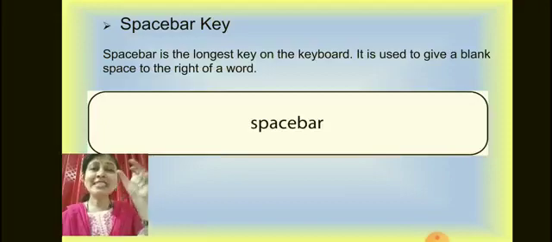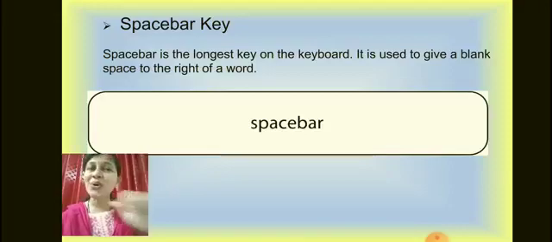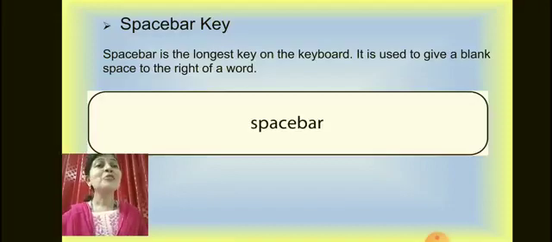Then the next word, then the space bar key again, and so on. This space bar is the longest key on the keyboard, and it is used to give blank space between the words in your sentences.